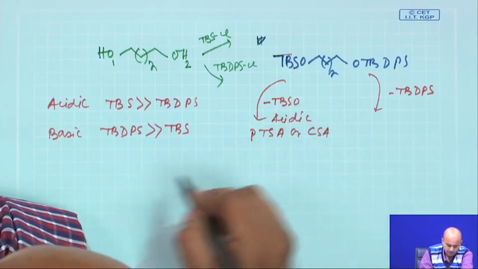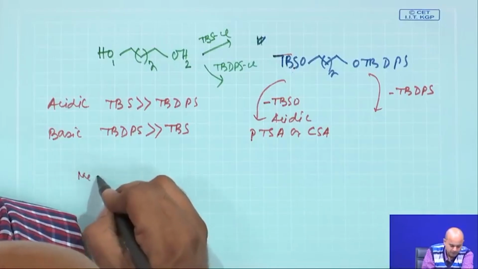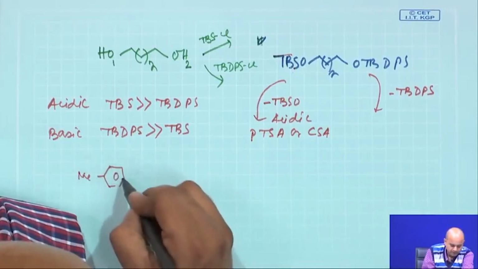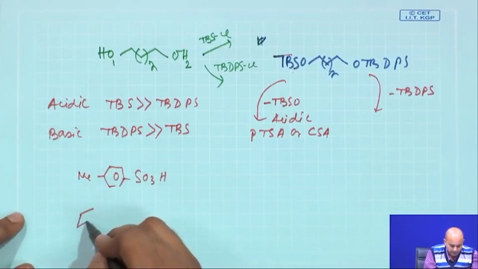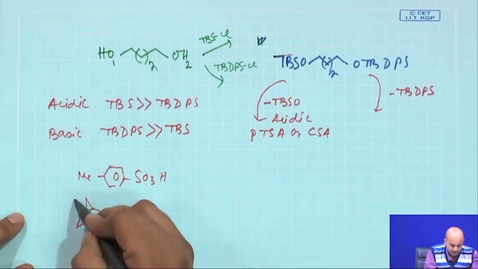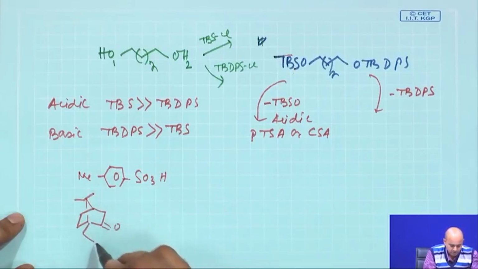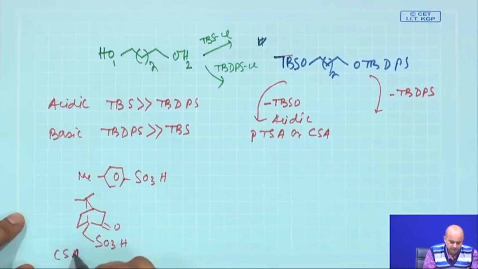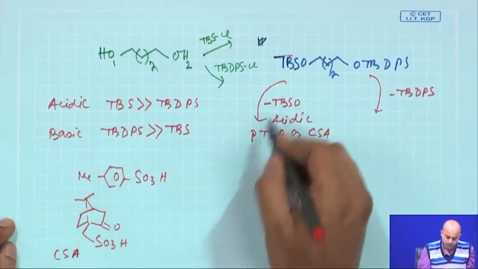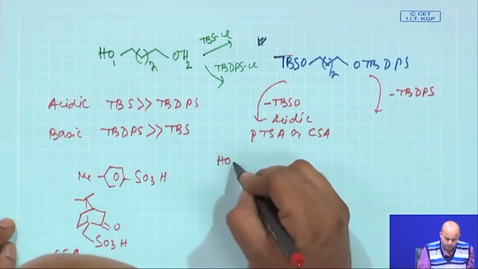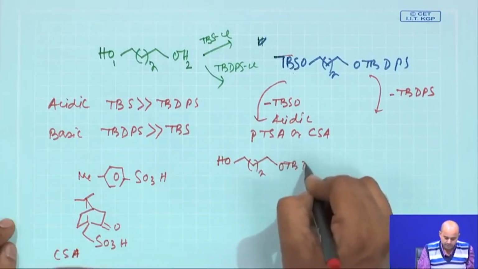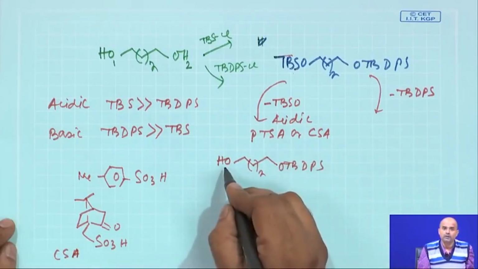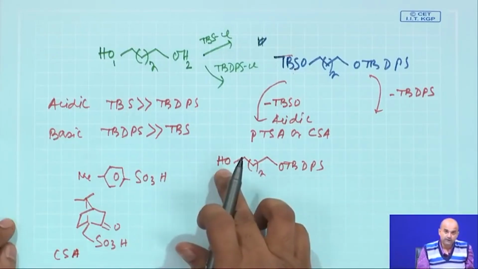Now, this PTSA, all of you know the structure, is SO3H. Camphorsulfonic acid is a similar kind of sulfonic acid, having the structure SO3H, CSA. This compound can be selectively used to remove the TBS group. So, now you have OTBDPS, and you can selectively do whatever reaction you want on this end.